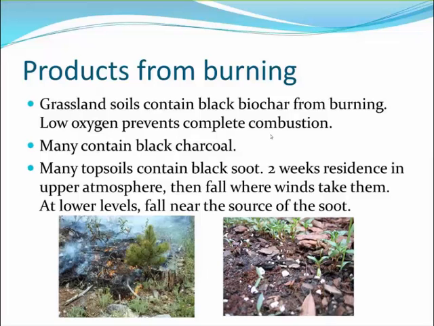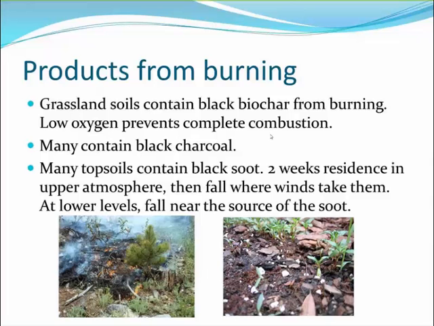And so when black soot comes out of a chimney of any kind, whether that be a diesel truck, a brick factory, a coal burning plant, whatever it is, if it's a very hot fire, the black soot will go into the upper atmosphere and stay there for 2 weeks. And it circles the globe, and then it falls wherever the wind takes it.